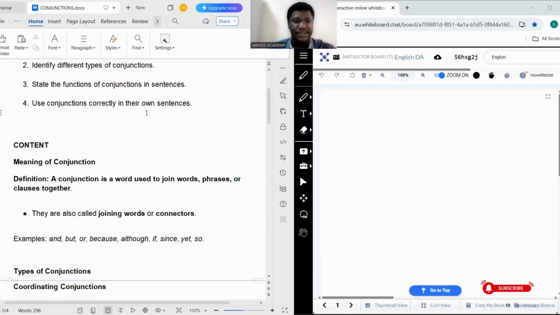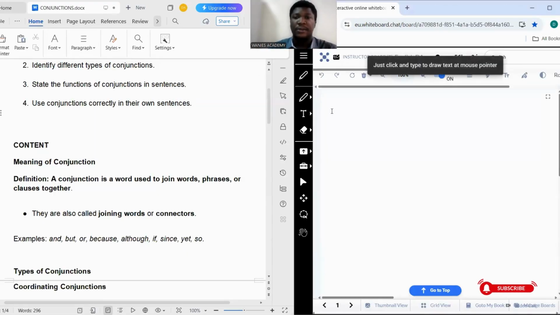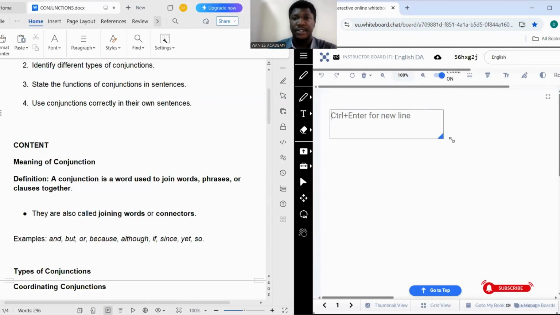What is a conjunction? Now, a conjunction is a word that is used to join words, phrases, or clauses together. Conjunctions are also called joining words or connectors. They are used to help a sentence make more meaning by joining different parts of that sentence together.